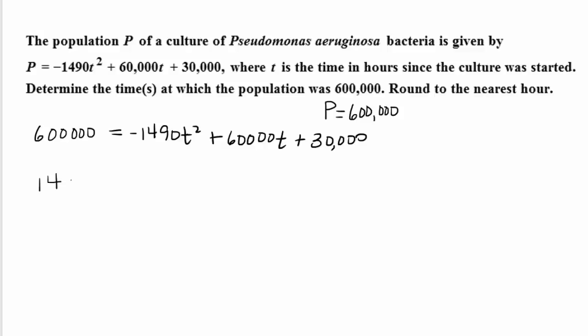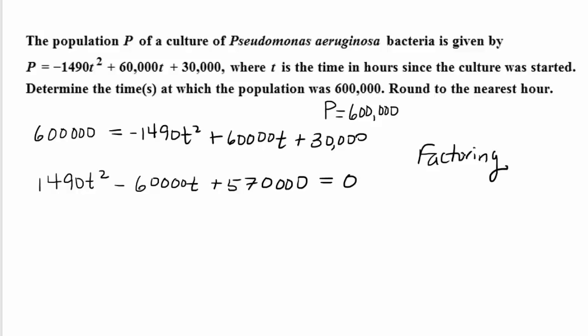So I'm going to say 1490 t squared, adding that over to the left, and we're going to have minus 60,000 t, and then subtracting 30,000, we're going to have plus 570,000 equals 0. Now we could use factoring, but factoring really isn't reasonable for solving this quadratic equation because it's not immediately obvious and it would take a really long time to find out whether or not it even factors.